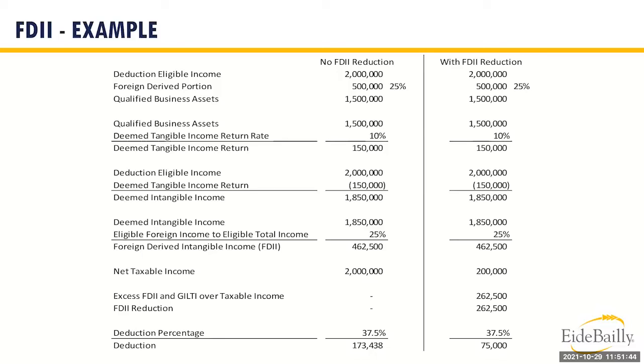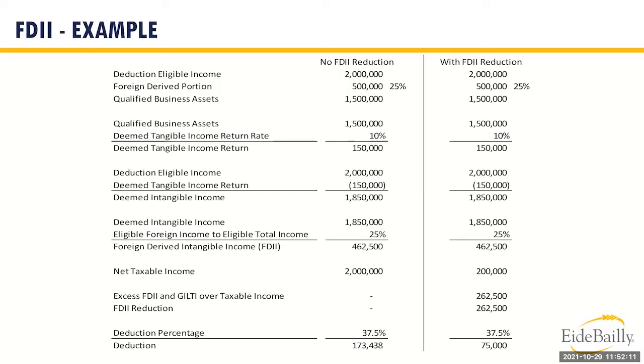So let's assume you've effectively calculated your taxable income. Your deduction eligible income is $2 million. You've gone through the process of looking at your foreign sales and foreign export services, and you could determine that 25% of your net income would be foreign derived amounts. So 500,000 in this case.